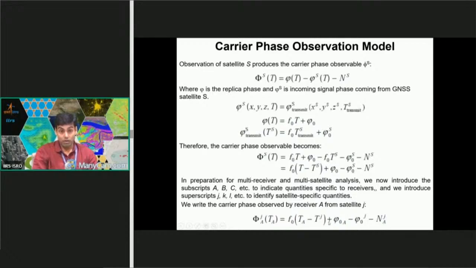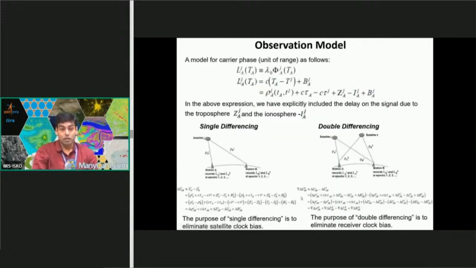When we put this for n number of satellites, we will have an equation like this. So this is the final equation for the error modeling, and this is the unit range. Ultimately we want the unit range, because it will make it easy to determine the different components x, y, z, and t.